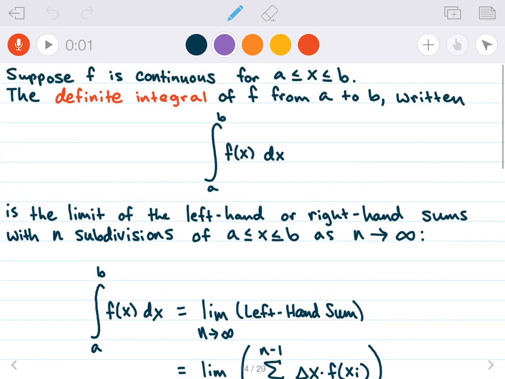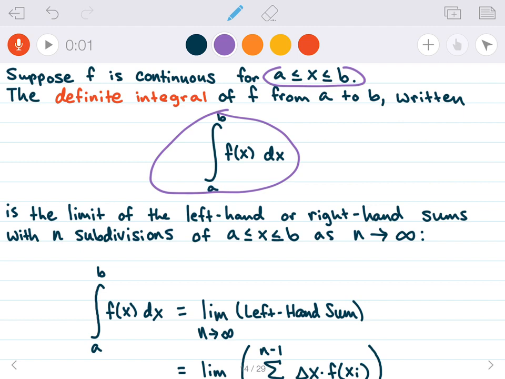Okay, so here comes the definition of what this has all been leading up to. Suppose a function f is continuous on an interval x equals a to x equals b, starting at a, ending at b. The definite integral of f from a to b is written like this. And what it means is the limit of the left-hand or right-hand sums with n subdivisions.